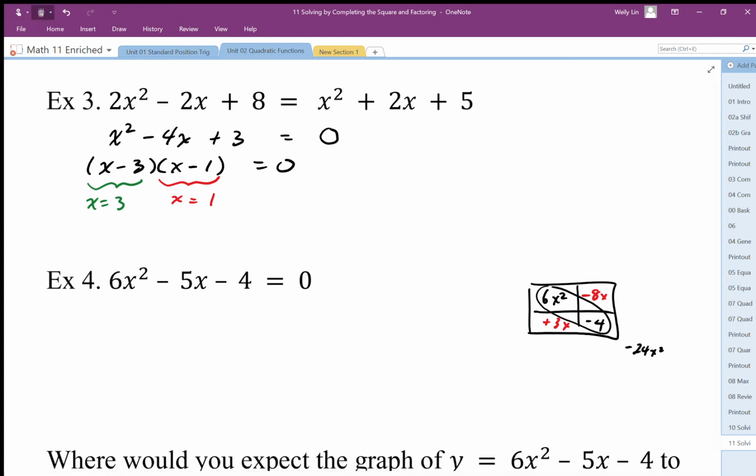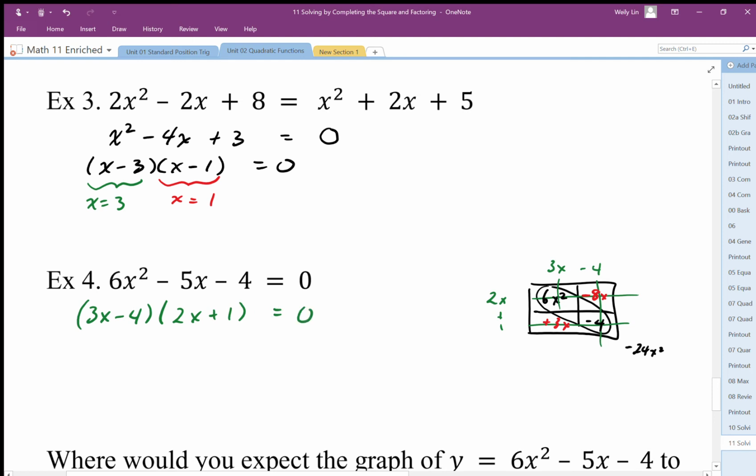That allows me to now factor. I know there's a 2x here, here there's just going to be plus 1, here there's 3x, and here there's negative 4. So it factors to 3x minus 4 and 2x plus 1.